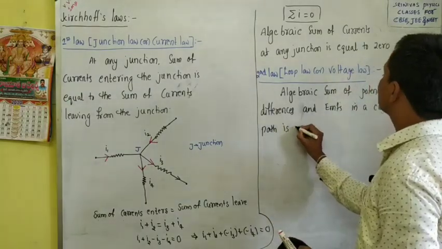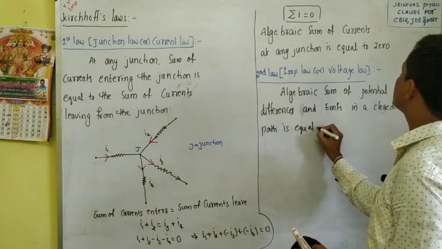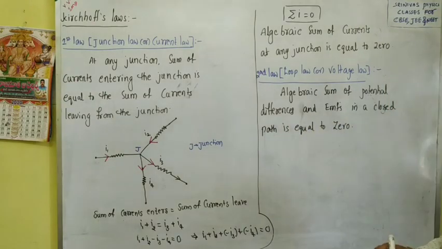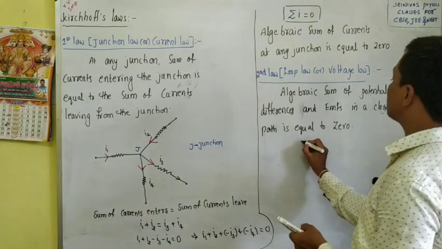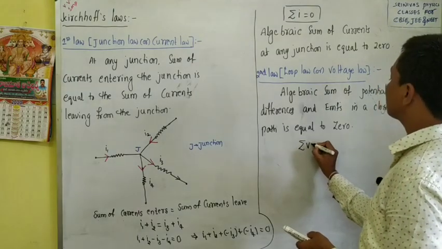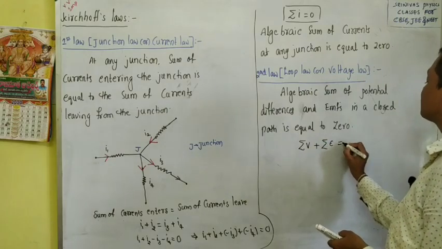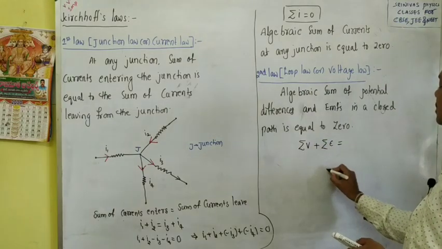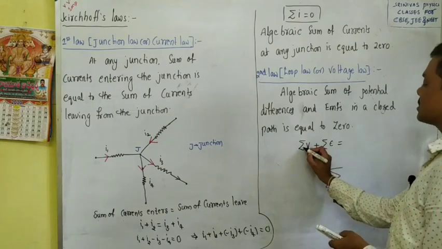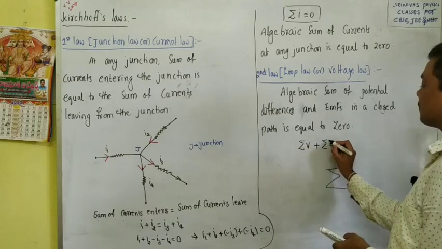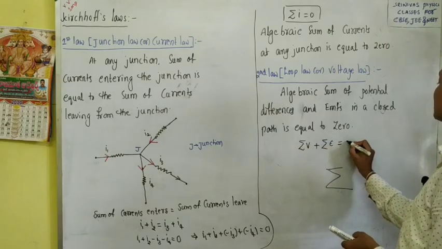We write it is equal to 0. What am I telling here? Algebraic sum of potential differences, sigma V. Algebraic sum of EMFs, sigma E. This sigma indicates algebraic. So the algebraic sum of potential differences and the algebraic sum of EMFs is equal to 0.